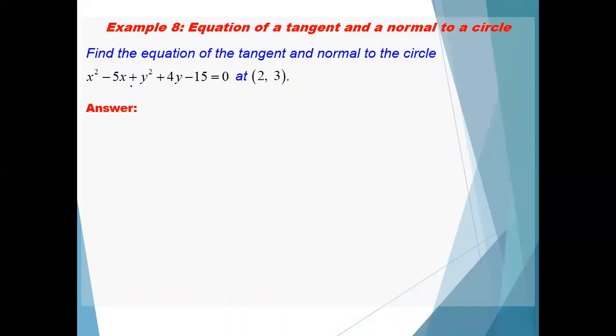So given, find the equations of the tangent and normal to the circle. The circle is x squared minus 5x plus y squared plus 4y minus 15 is equal to 0, at center 2, 3. Okay, 2, 3 ni ada h and this one is your k.